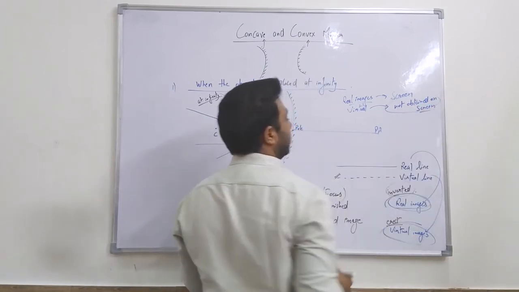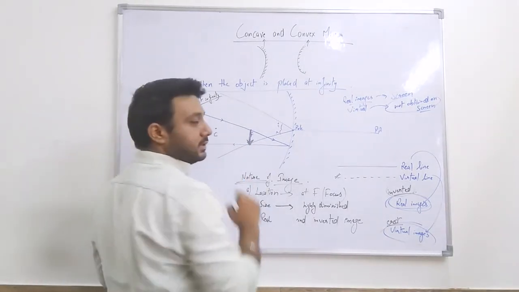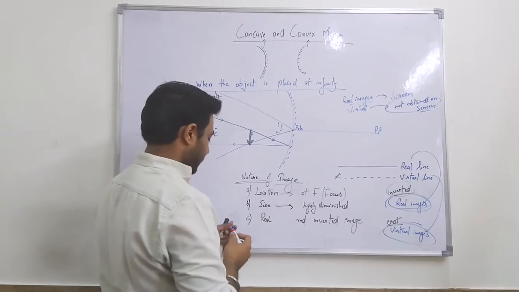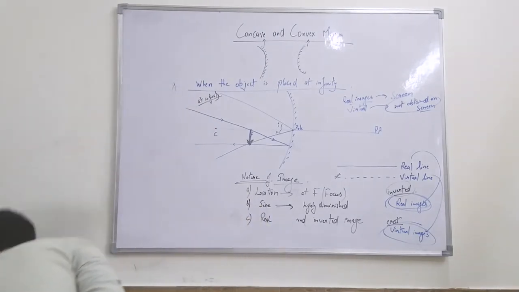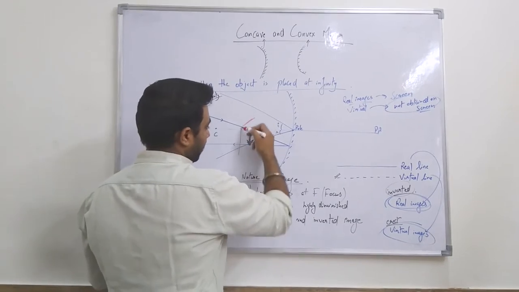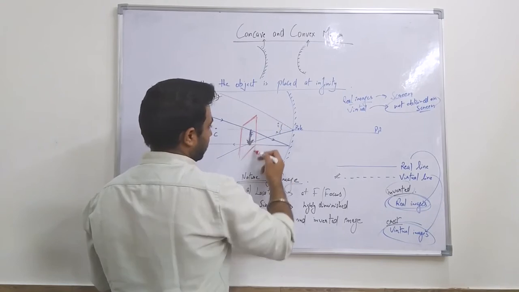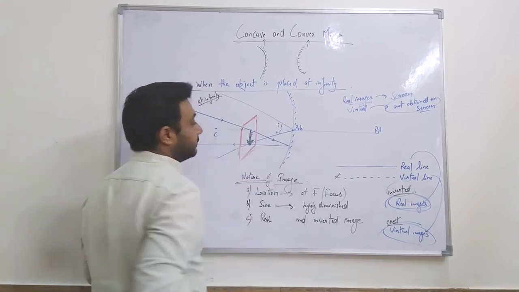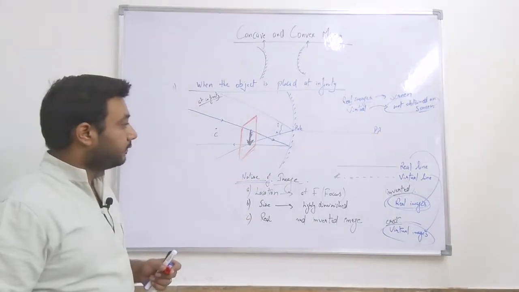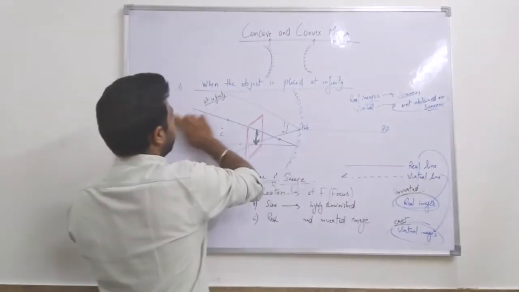Note this point. If we have to obtain this image, we have to apply a screen over here. We have to apply a screen to get this image. Hope it is clear. So, let us go to the next case.